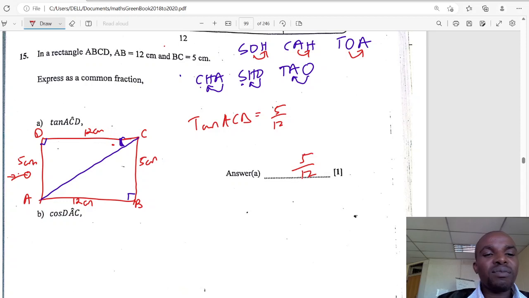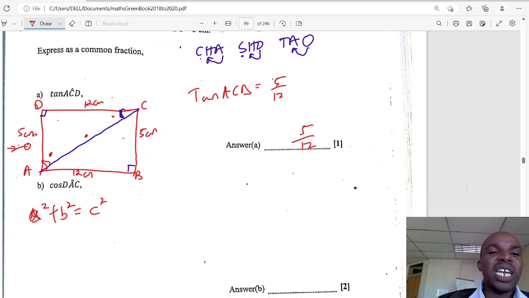Then next, cos DAC. So cos of this angle here, DAC. Cos is adjacent over hypotenuse. The hypotenuse is this side here, AC. So you have to find AC using Pythagoras. By Pythagoras, A squared plus B squared is equal to C squared, where C is always the longest side.